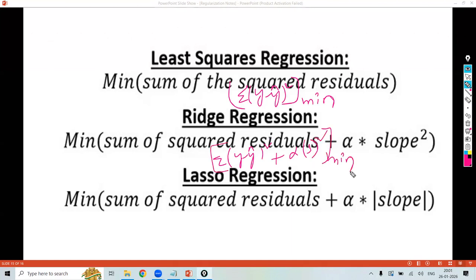Lasso is a combination of both of them: sigma of (y minus y hat) whole square plus alpha into modulus of slope should be minimum. That is the difference. Finally, in everything, you are going to calculate beta 1 and beta naught only. Common. In everything, only the calculation of beta 1 and beta naught differs.